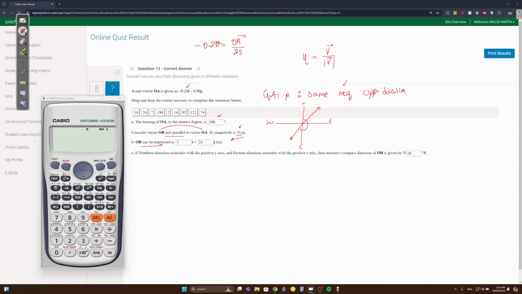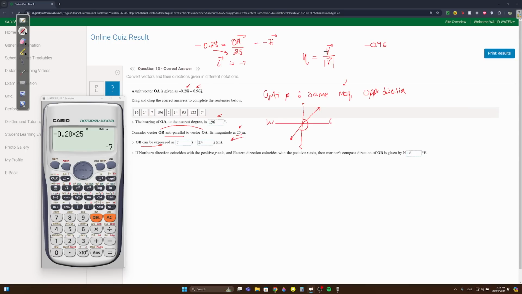So OA's i component, or x component, is just going to be negative 0.28 times 25, and you get negative 7. So the i component is negative 7, so OA is negative 7i. How about the j component? The j is negative 0.96. Remember the unit vector is given.